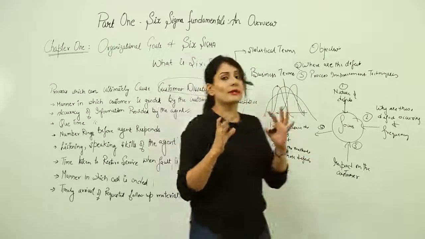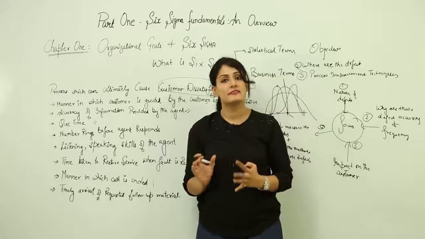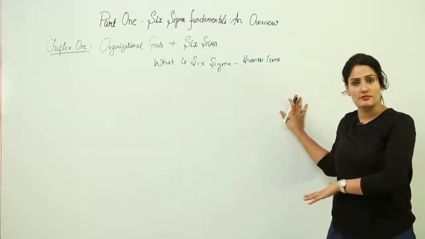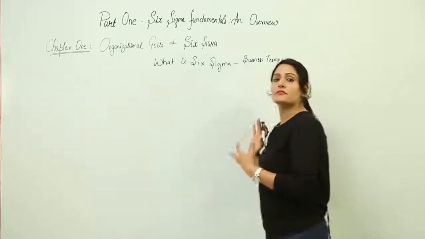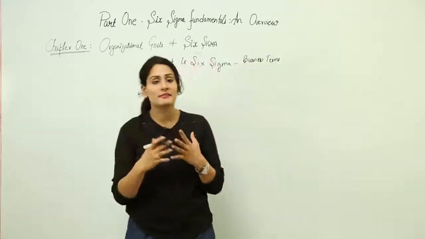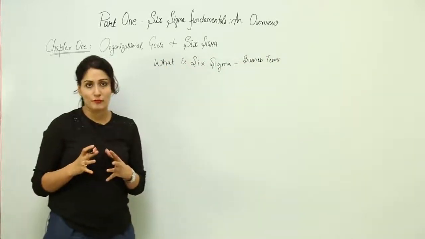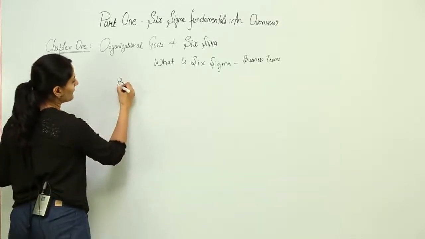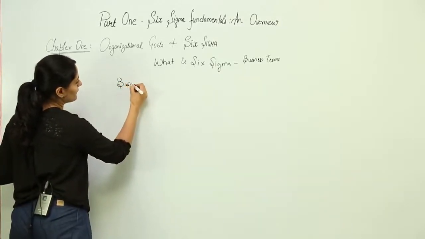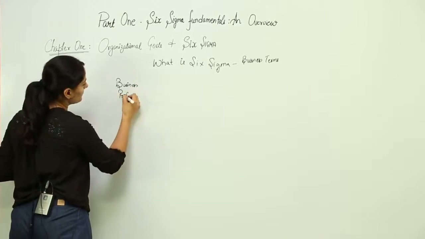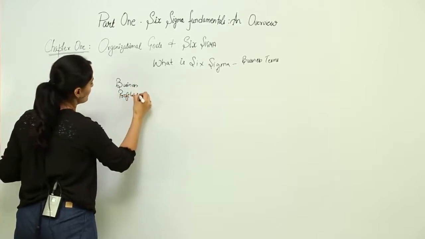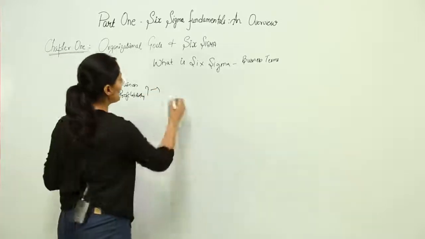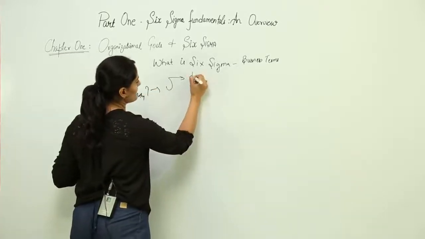So, this is how we can understand Six Sigma in statistical terms. Let's move on and study Six Sigma in business terms. So basically in business terms, Six Sigma implies increasing the business profitability, and this profitability can be increased by driving out waste from our processes.